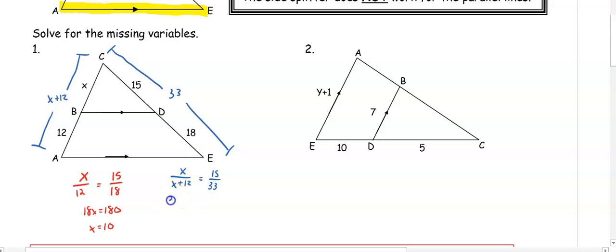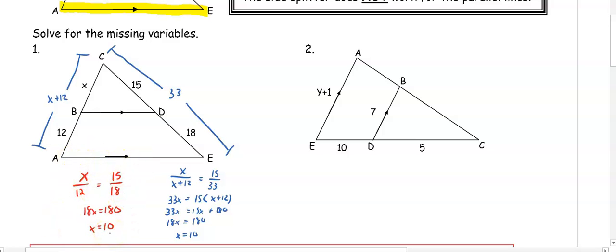When we cross multiply, we would have had 33x equals 15 times x plus 12. 33x equals 15x plus 180. Subtract 15x, so we get 18x equals 180. X is still 10. So either method works, but using the math in the red with side splitter, it's going to go faster.